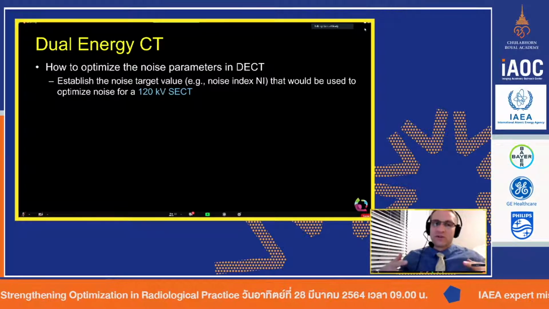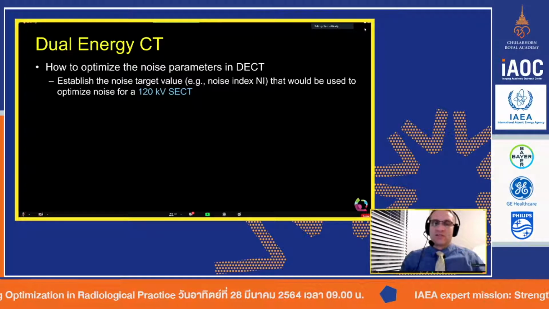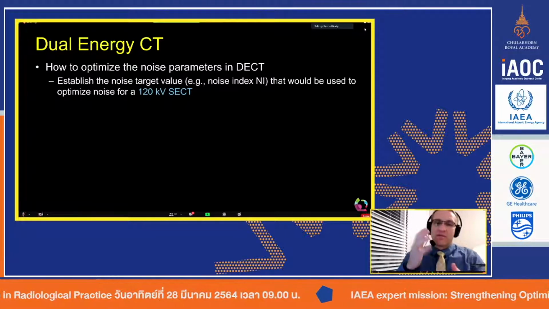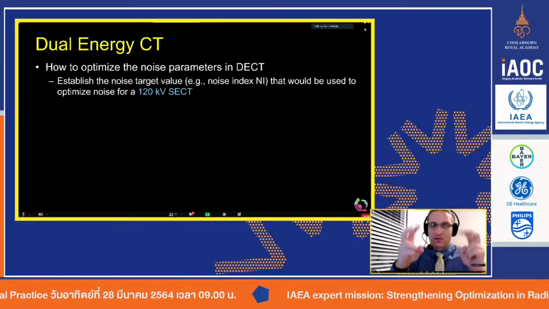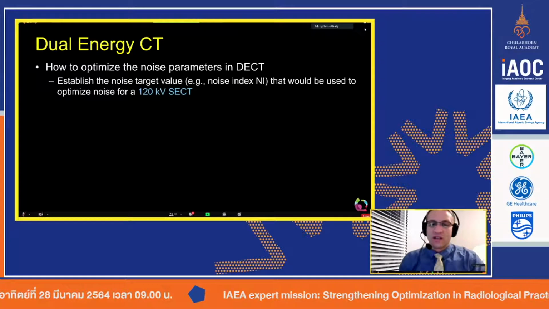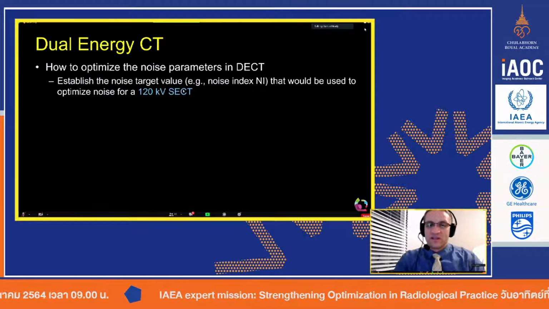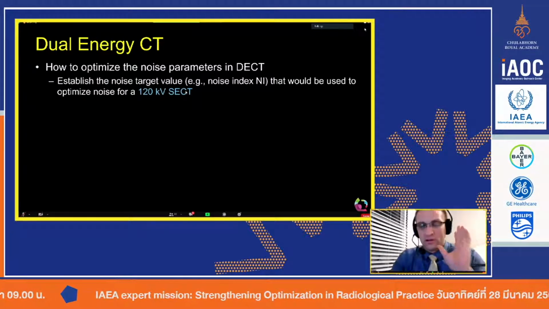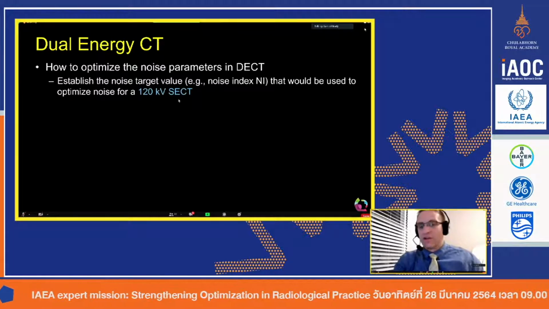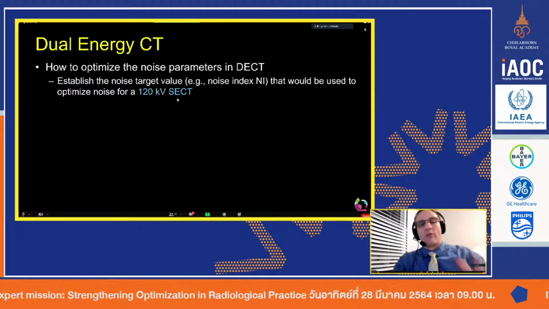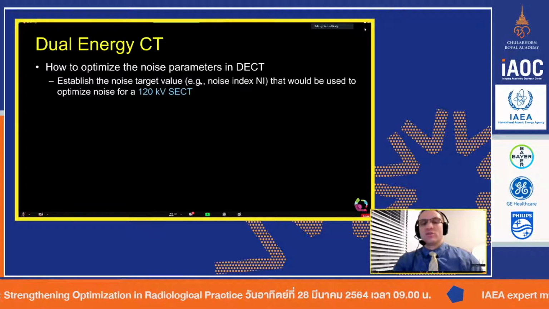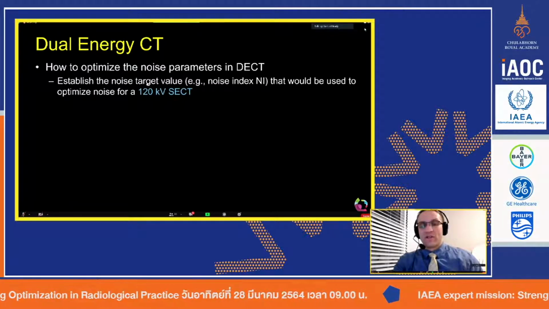So what you typically do is you'll sit down and decide what type of noise you would want in a traditional 120 kV single energy CT, just a normal looking image that you would acquire every day if you didn't have dual energy. How much noise can you tolerate? And you will establish that noise target value.